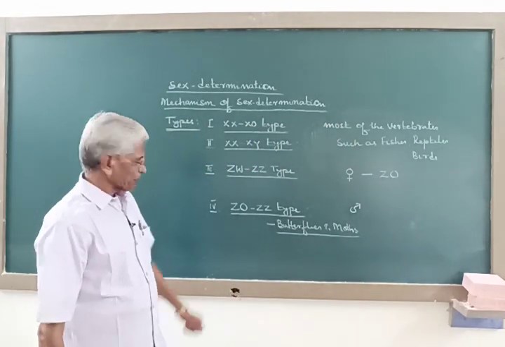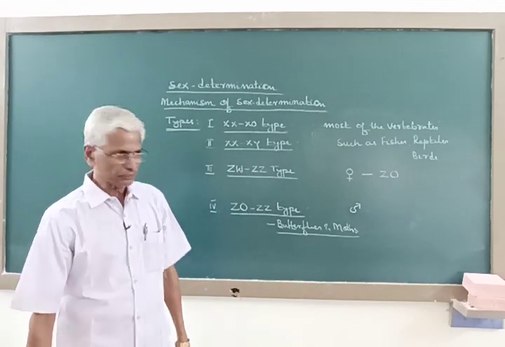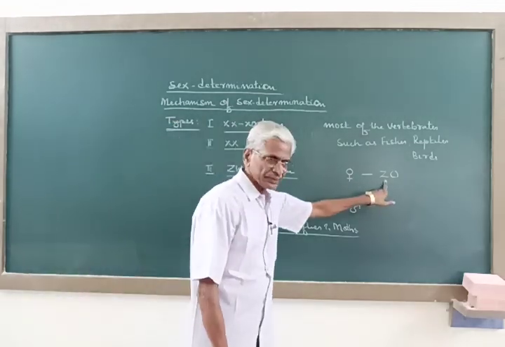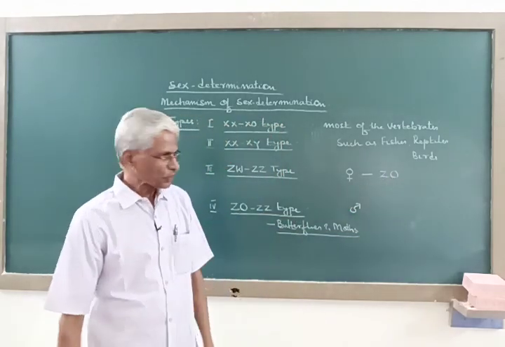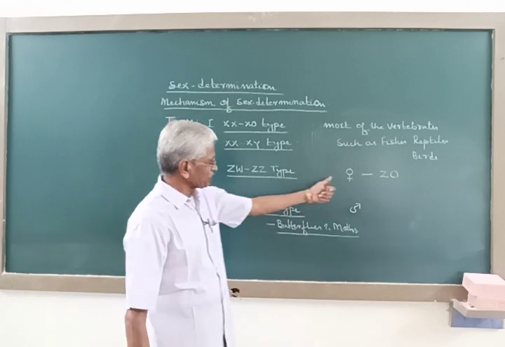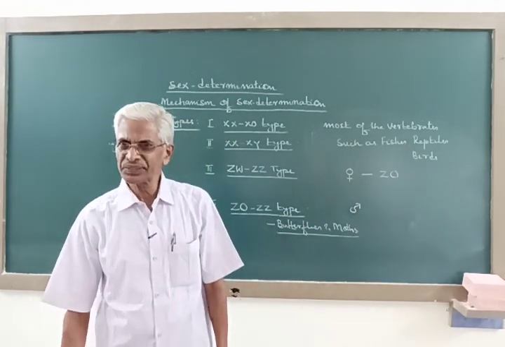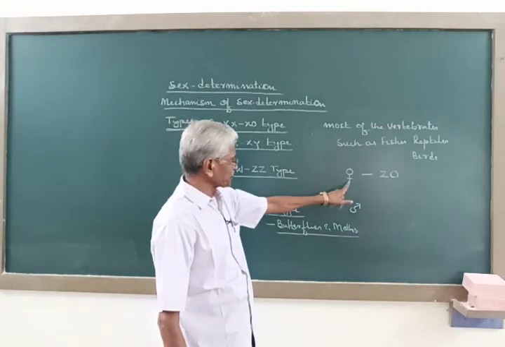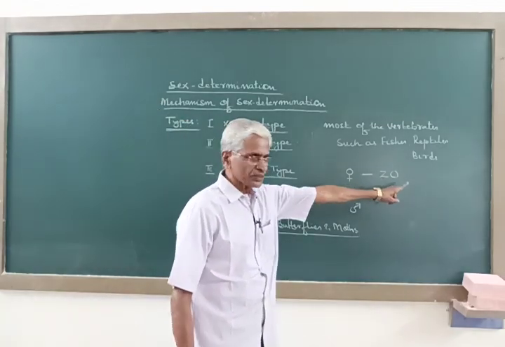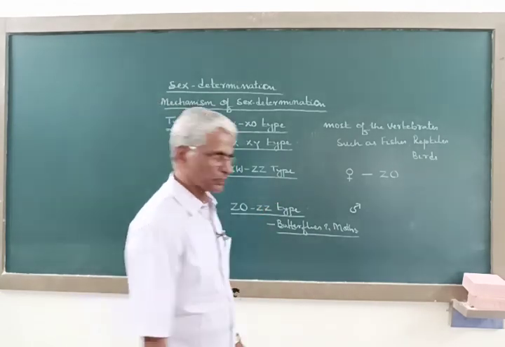That is, female has only one sex chromosome, that is Z. The other sex chromosome is absent here, it is lacking. So the sex chromosomal configuration in the case of female here is ZO. So it has only one sex chromosome.